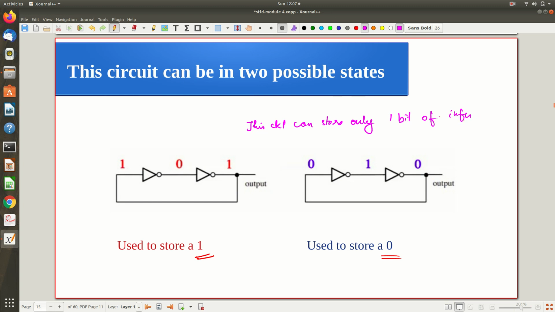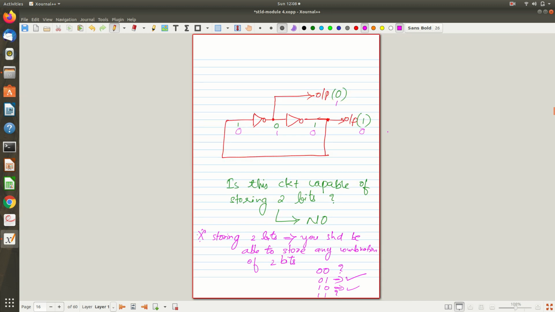At any time I want to store 1 or 0, and if I want to store n bits, I can make use of that many circuits, n circuits like this. That is the general thing. Always we will try to store 1 bit only, because for storing 2 bits, the circuit becomes complex. So this is not capable of storing 2 bits. That understanding is what is needed.